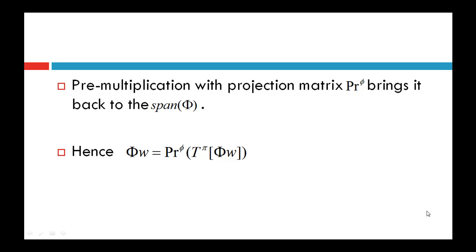The span of a matrix phi is the set of all possible linear combinations of the columns of phi, and once this vector, PR phi times T pi of phi W, lies on the span of the matrix phi, there must exist at least one vector W such that phi times W is equal to this vector, and that's what the fixed point solution solves for.